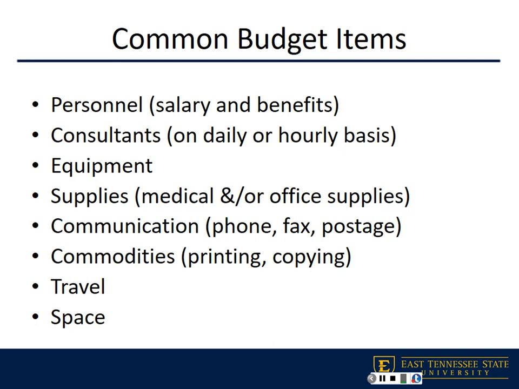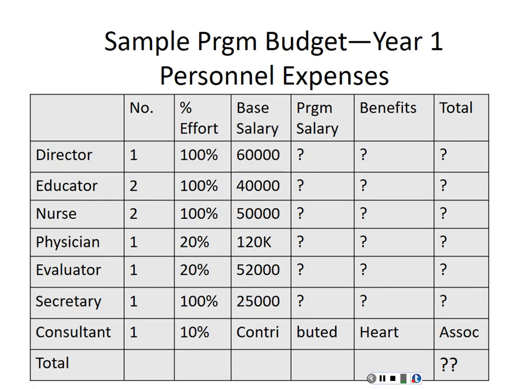How do we calculate benefits for budgeting purposes? We calculate them as a percentage of salary. Okay, what does that mean? So let's take a look at this example in front of us. This is a very simple example of a personnel budget for a relatively small program.